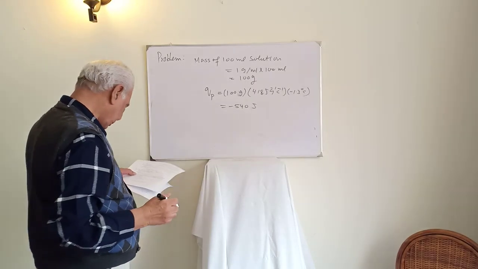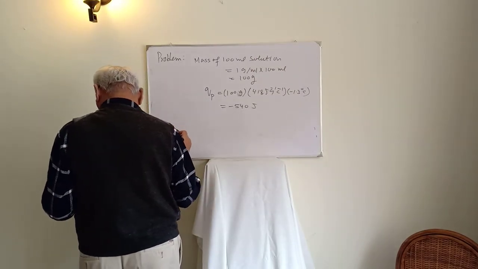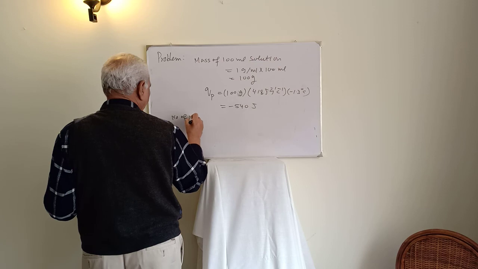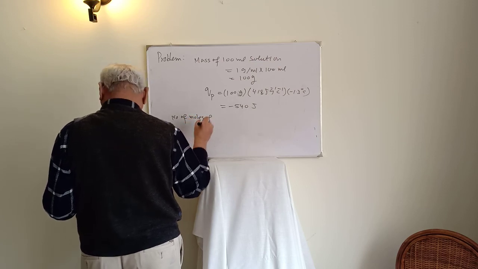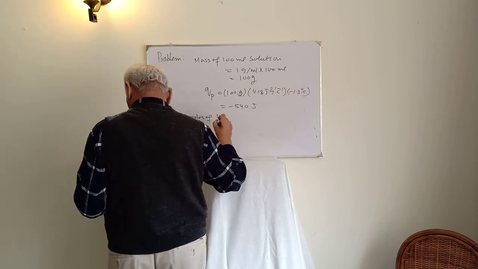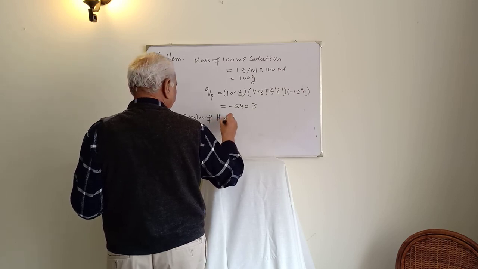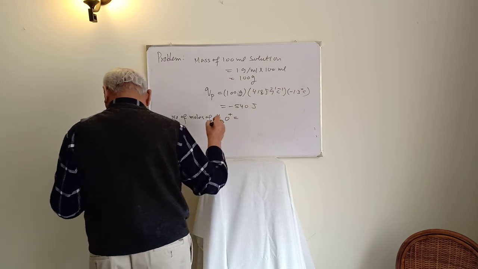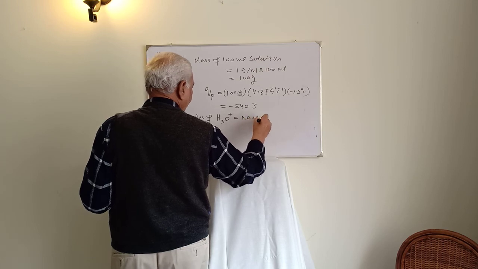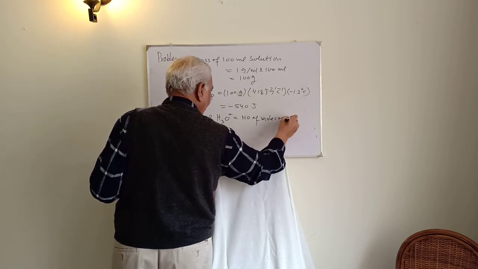Now, what we have is that number of moles of H3O plus is equal to number of moles of HCl.